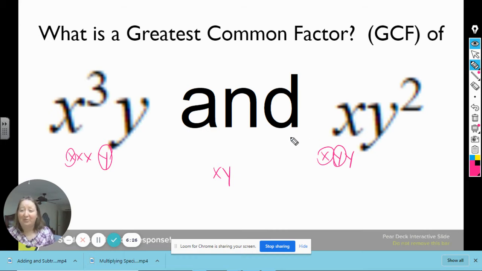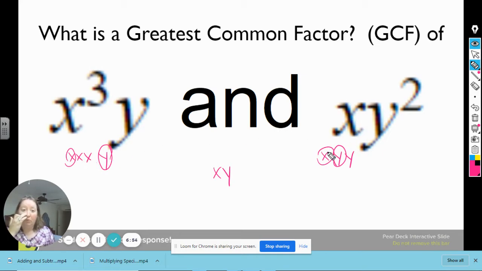Okay, I know that was a big leap from numbers that you're really comfortable with to all of a sudden variables. So let's look back at what we did. When I expand it out, it's easy for me to see what's being multiplied here. 3 x's are being multiplied and a y.